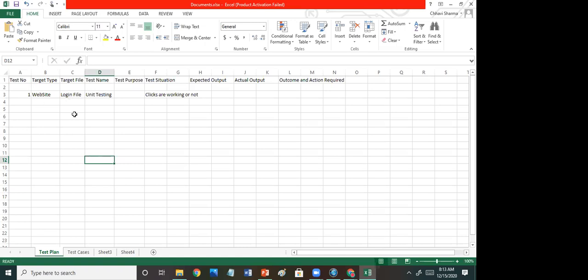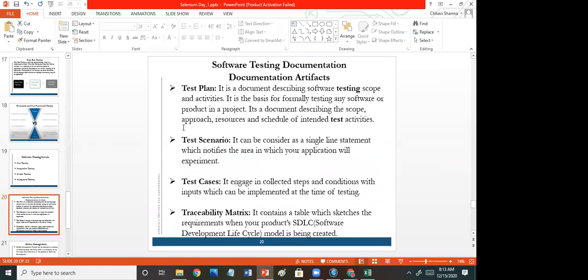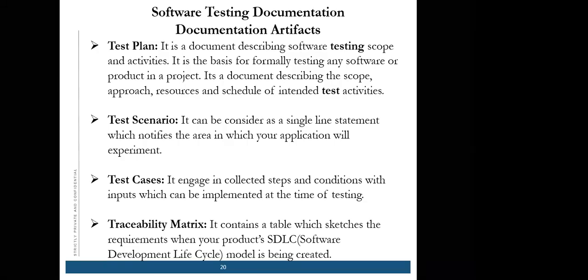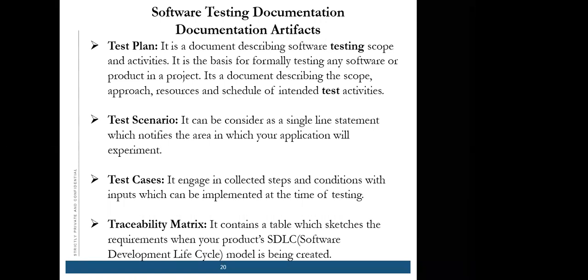So this is all about the test plan, how it is created. Again, it is also based upon your company, how the test plan is created. It could vary a little bit from here and there.